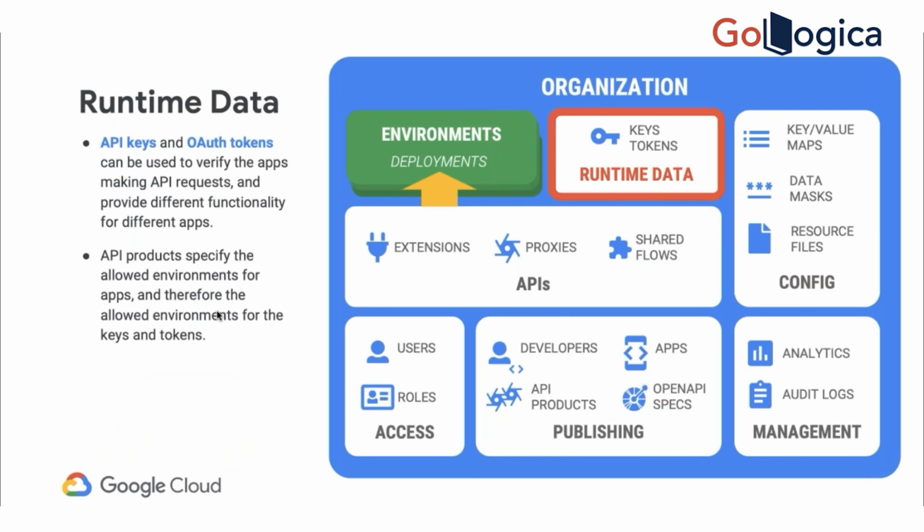Then in the runtime, we create a lot of API keys. There will be a lot of consumers, and in order to call APIs, they will get a key and secret. Most of the time, when we are building APIs, we have to implement OAuth, so we have to secure our APIs using the OAuth protocol. OAuth is now a de facto standard. All this runtime data is created on the organization level.